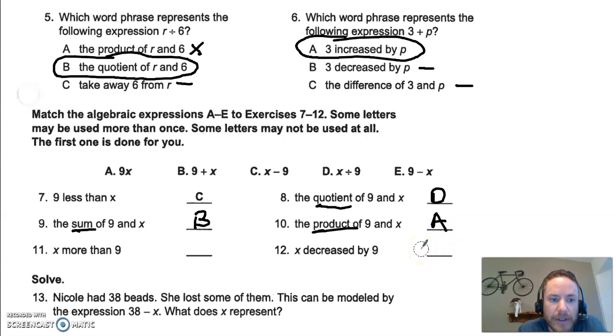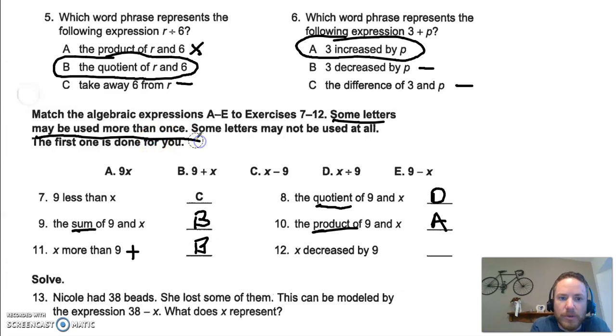Number 11, x more than 9. Well, if one number is more than the other, or if we're combining numbers to make a number more than another one, that is addition. And the addition problem up here is B. And if you think to yourself, we already used that one, it's because it says some letters may be used more than once.